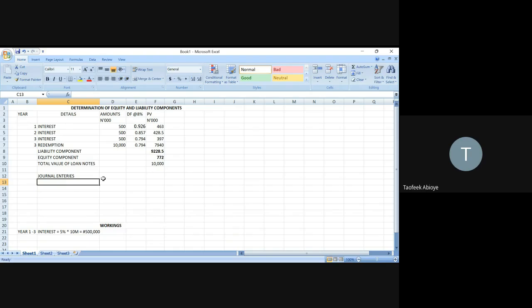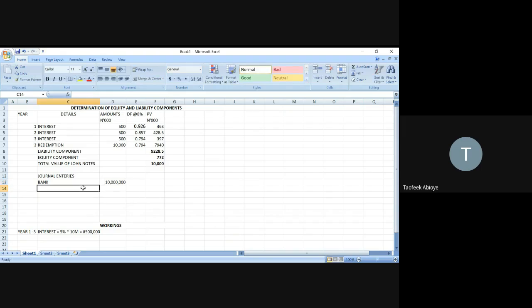Since we issue out this loan note, are we going to collect money or give our money? We are collecting money, Abi. So in our financial statement, we will debit bank with how much? 10 million naira. We will collect 10 million naira.